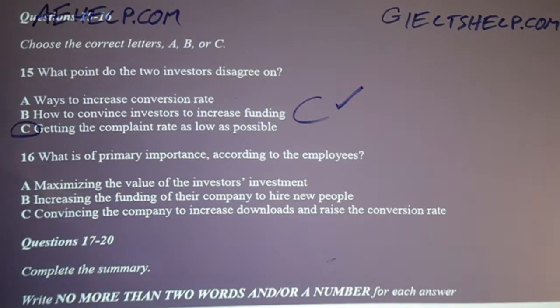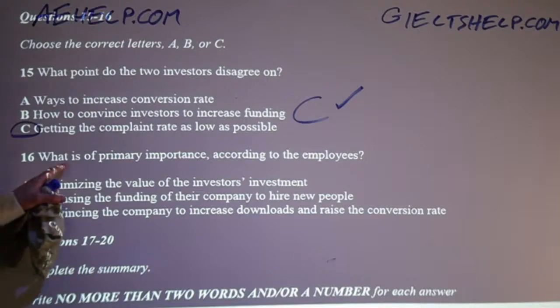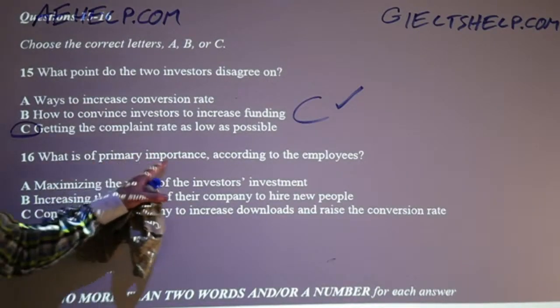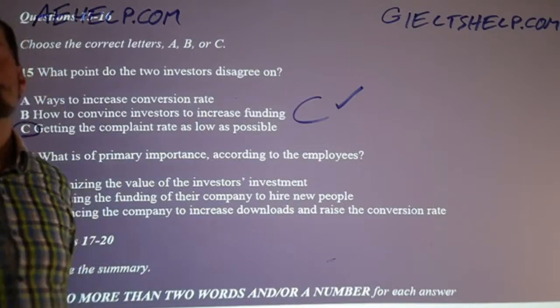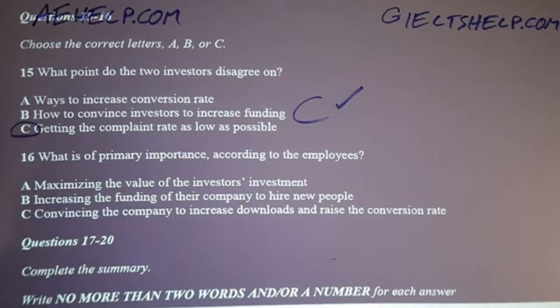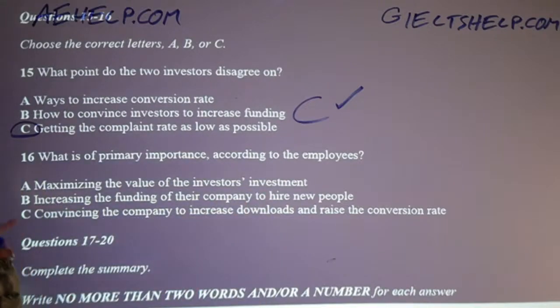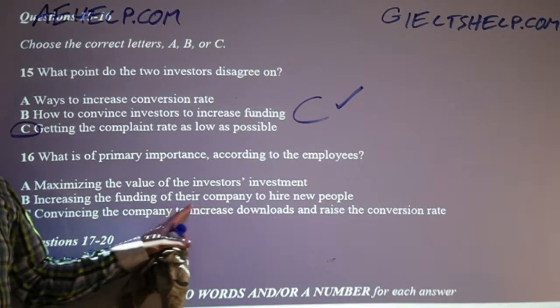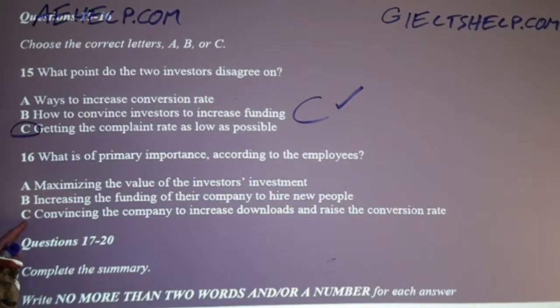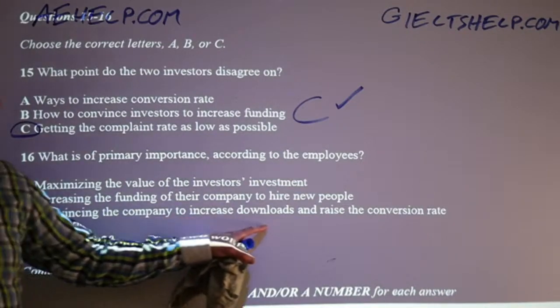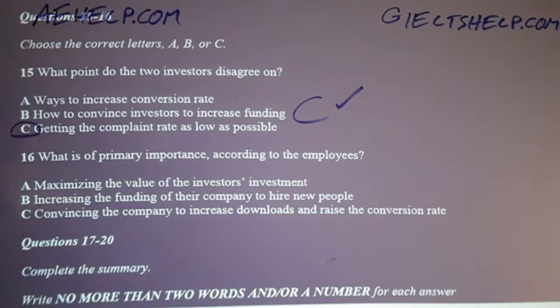Kiko highlights, well done. Okay, and then number 16, what is of primary importance according to the employees? And now here again, you can use logic as well. So maximizing the value of the investor's investment, increasing funding to their company to hire new people, convincing the company to increase download and raise the conversion rate.